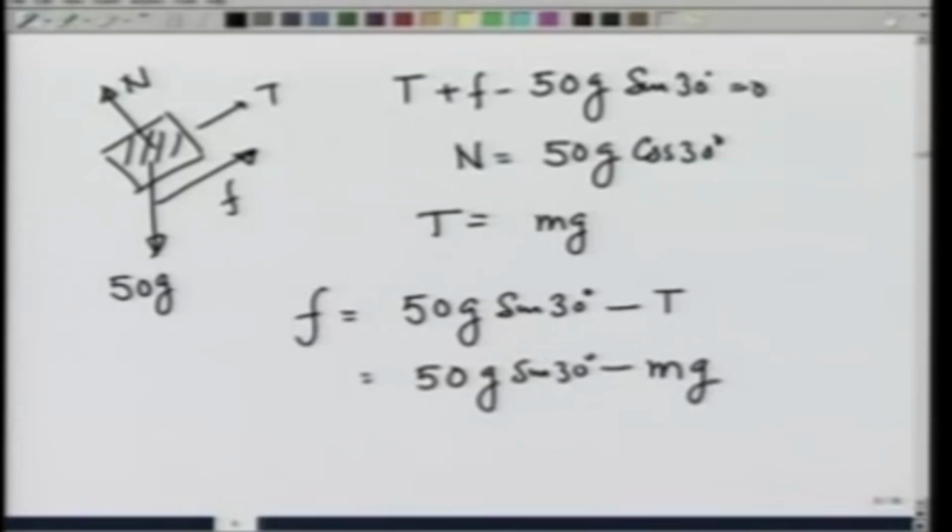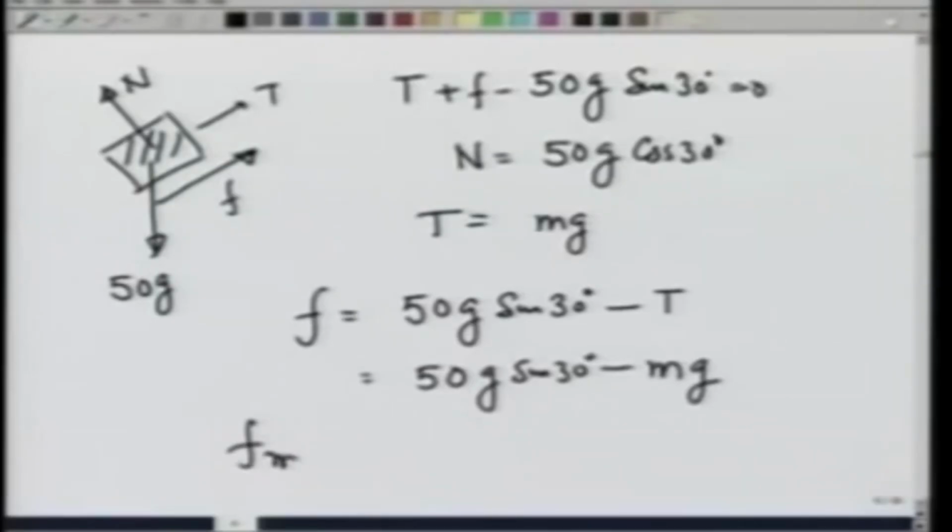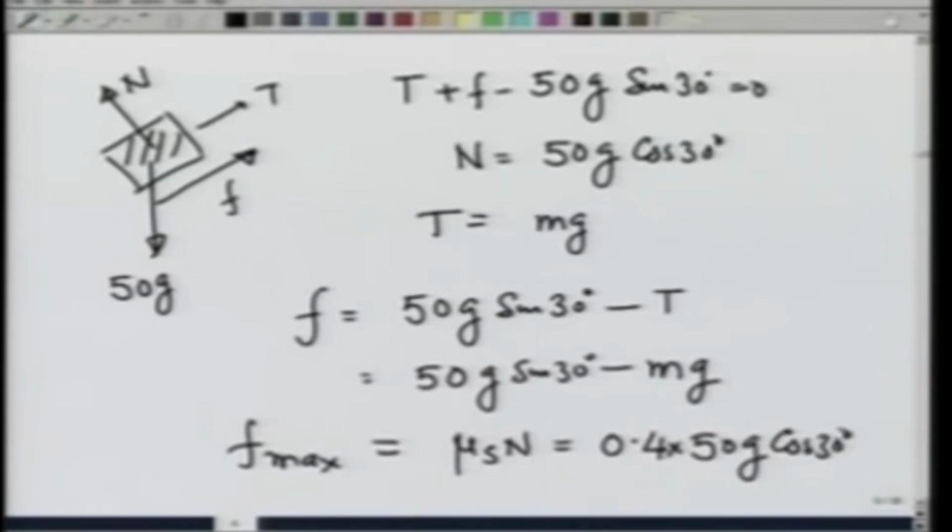Now, the maximum possible value that F could have is mu s times N, which is equal to 0.4 times 50 g cosine of 30 degrees. That is the maximum possible value of the frictional force.